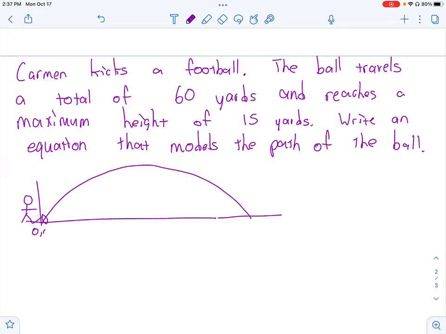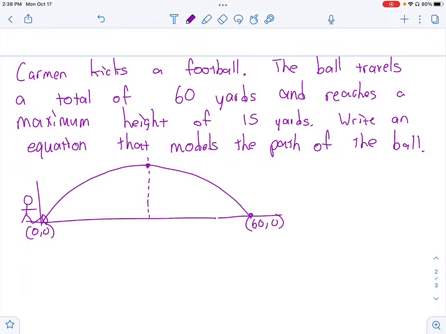So if she starts at 0, 0, and the ball travels 60 yards, well, that means it lands at 60, 0. And it reaches a maximum height of 15 yards. So because parabolas are perfectly symmetric, this maximum height of 15 has to come exactly halfway through the path of the ball.